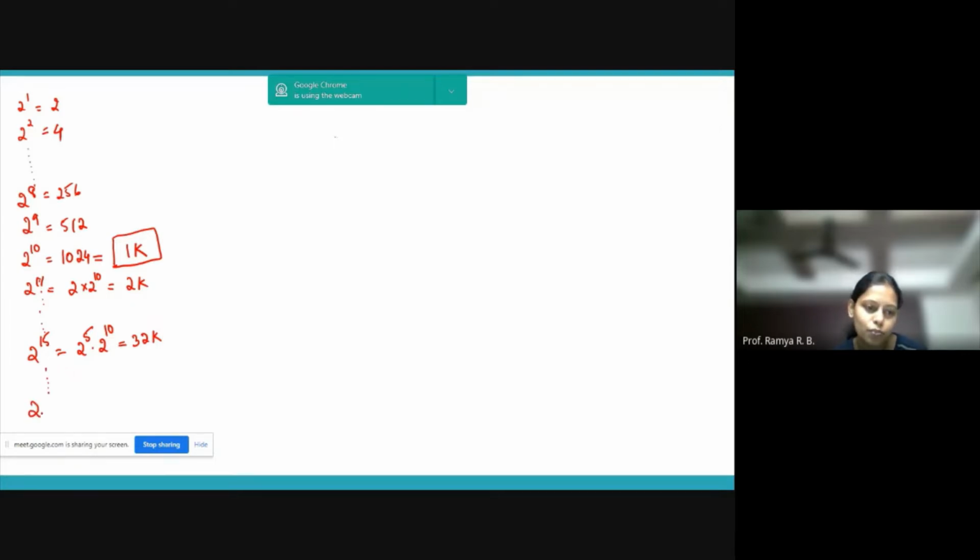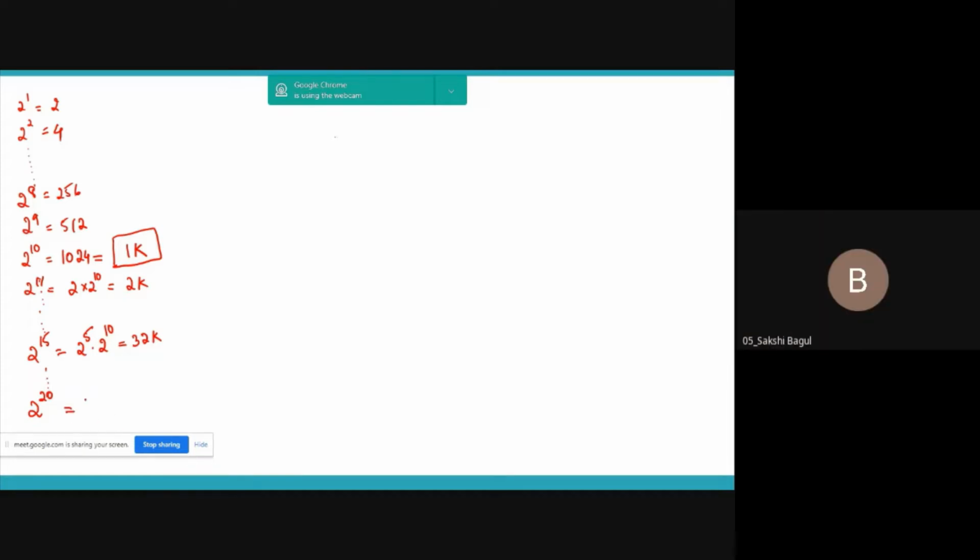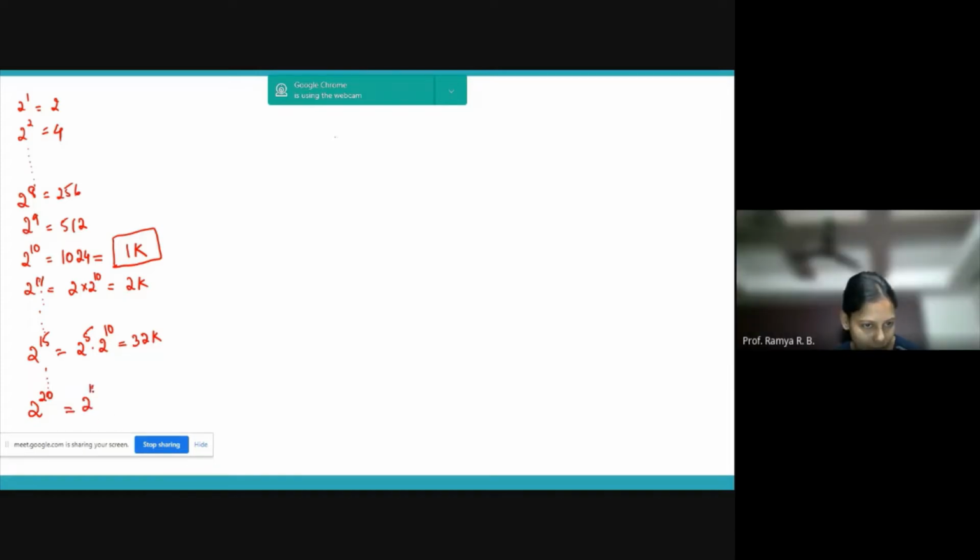So what is 2 power 20? It is 2 power 10 into 2 power 10. That means it is 1K into 1K, which is nothing but 1 MB, mega.